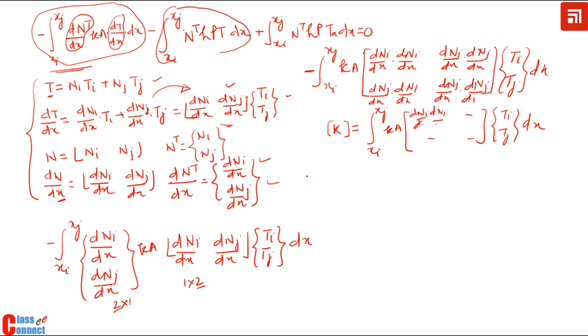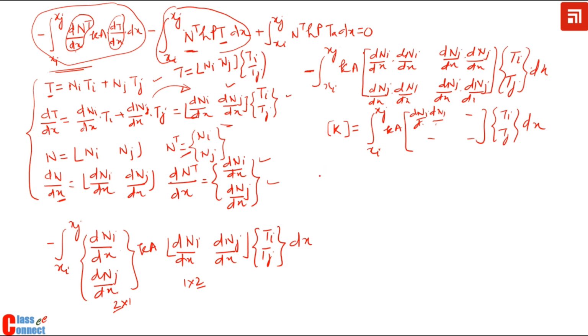Again I can substitute T from here, that is T I can write as Ni Nj, and it is Ti Tj.